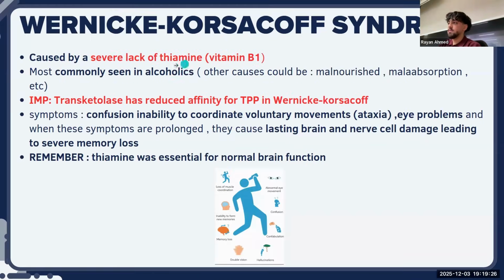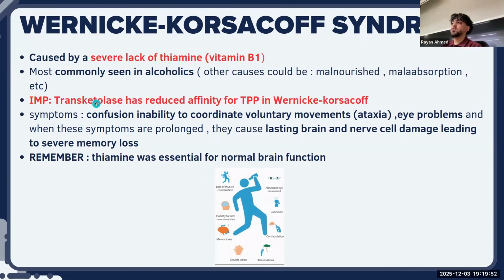So when we don't have thiamine, which is vitamin B1, which is TPP, we're gonna have a syndrome called Wernicke-Korsakoff syndrome. Most commonly seen in alcoholics. Other causes could be malnourishment, malabsorption, etc. But the most important one that you guys need to know is alcoholics. Whenever you guys see severe lack of thiamine, vitamin B1, and that person is an alcoholic, just think Wernicke-Korsakoff syndrome.